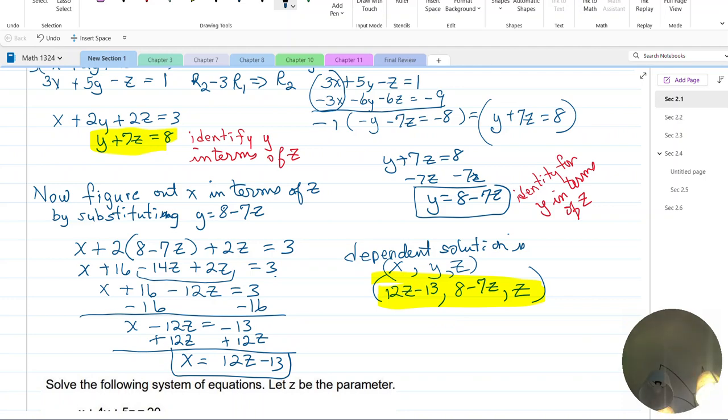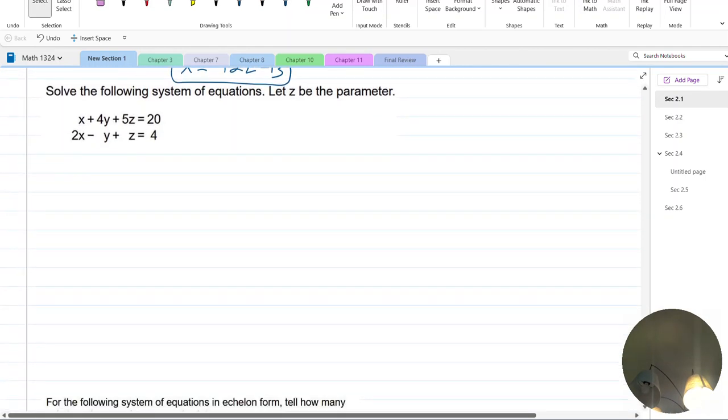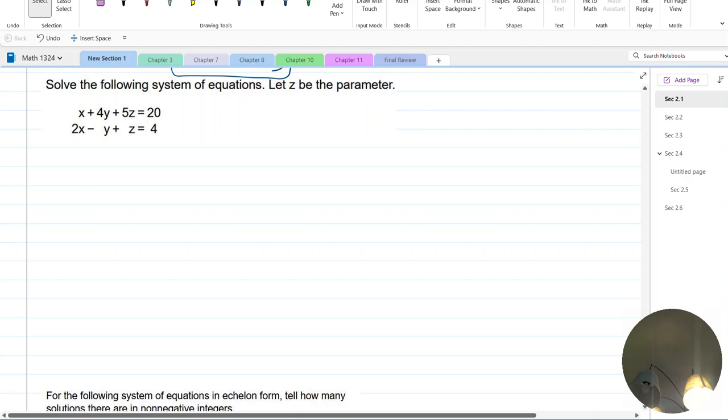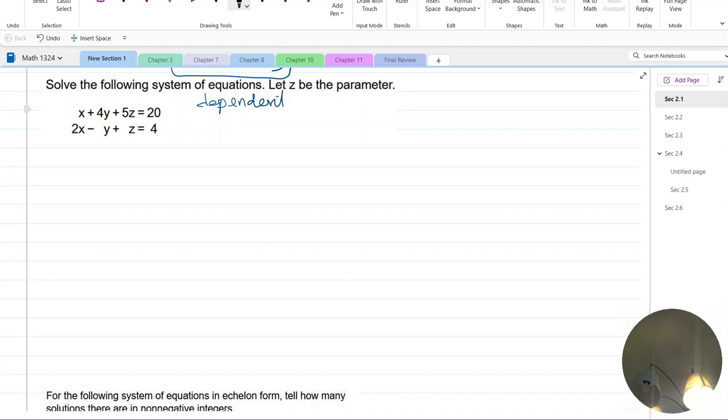Now remember, these are not hard, but they're labor intensive. And so you must leave room on paper to write all of your steps down and do proper math. Here we go, we have another one, of course. Again, we're going to have a dependent solution because we have x, y, z variables and only 2 equations.